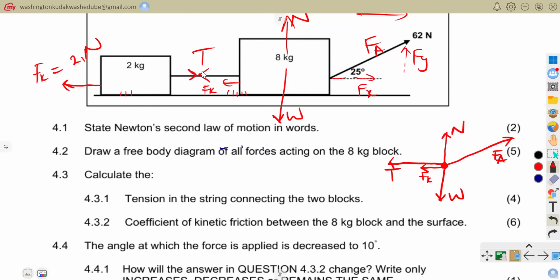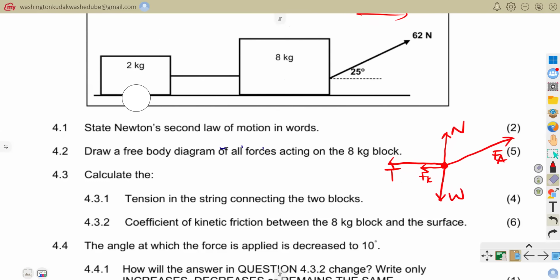I have this force going in that direction, and at some point I would have my tension. These are the only two forces, and I know my acceleration. So I will look at the forces acting on the 2 kg block only.